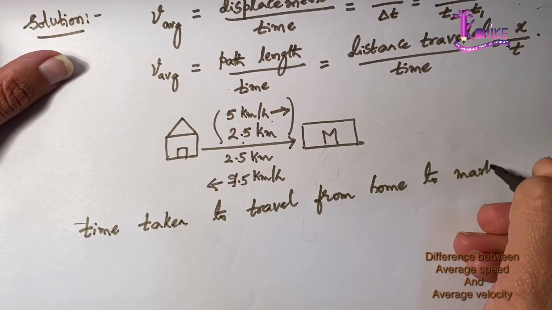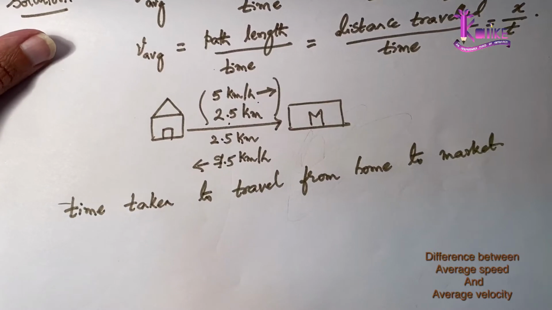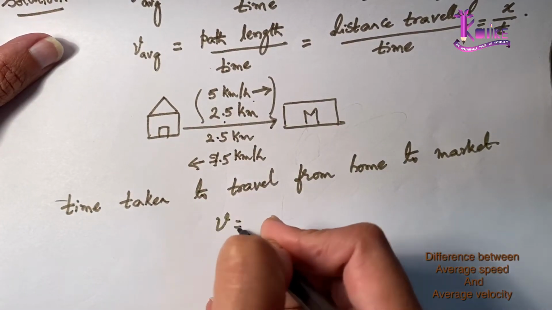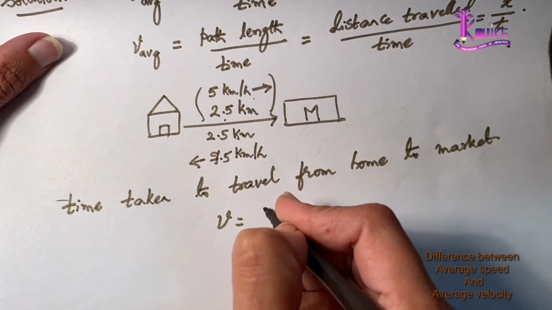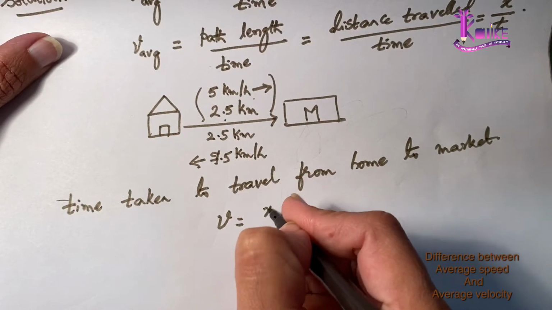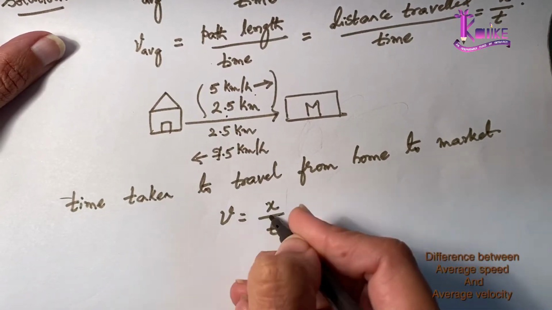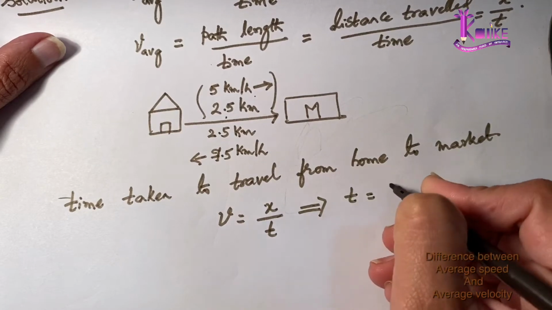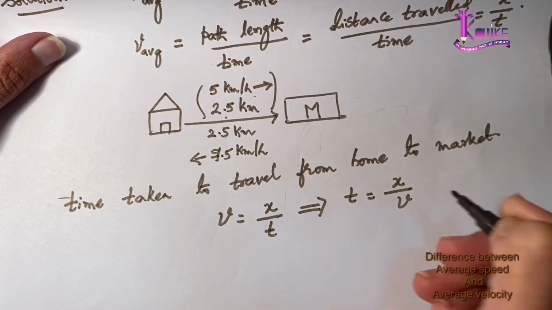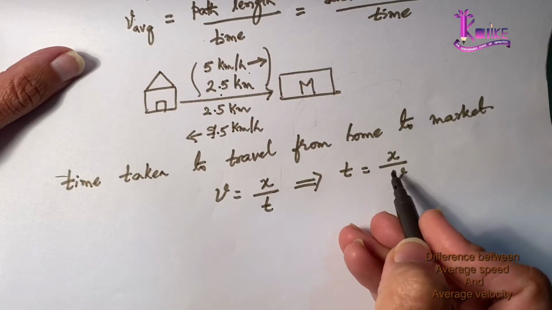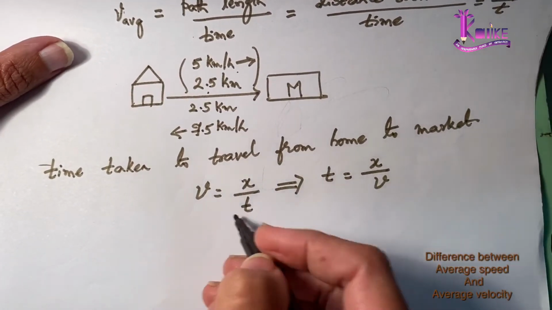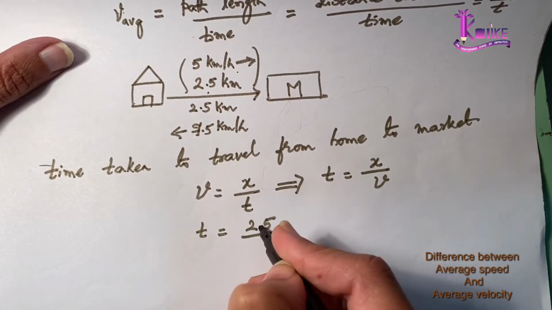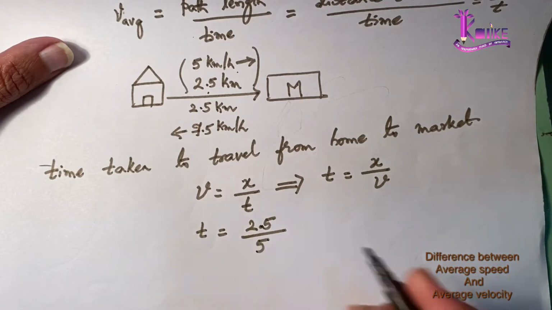How do you calculate that? We know that in general speed is equal to distance by time. So time is equal to distance by velocity. The distance he travels from home to market is 2.5 kilometers with a speed of 5 kilometers per hour.